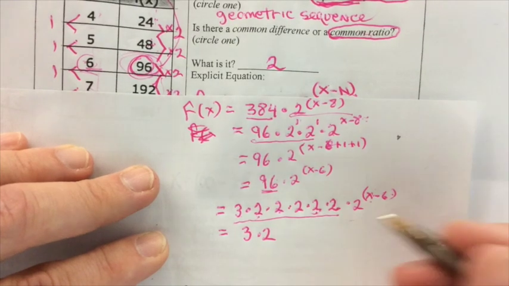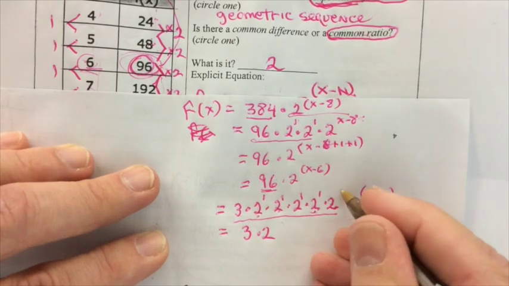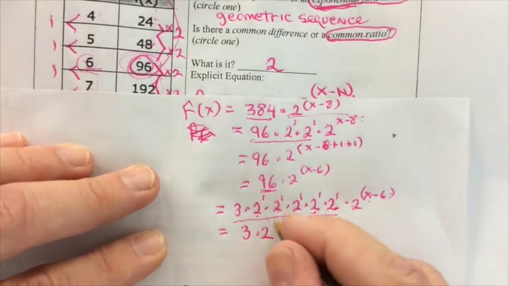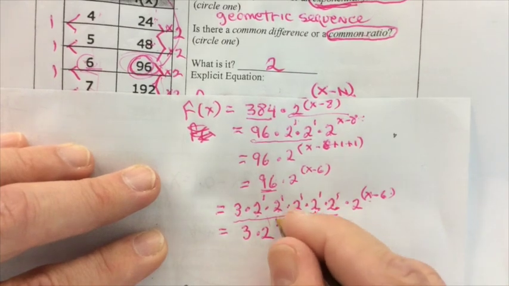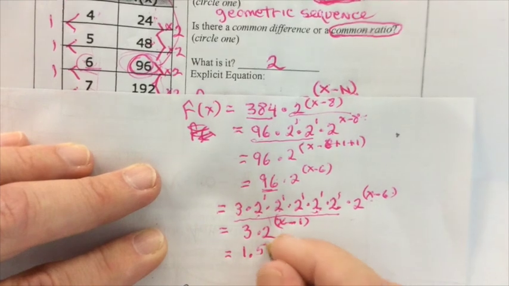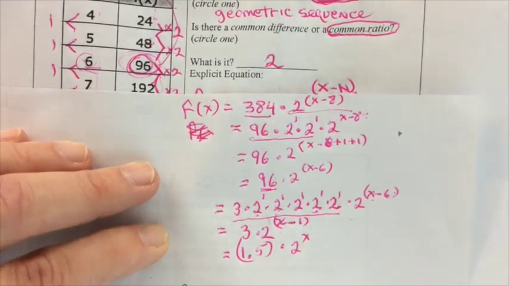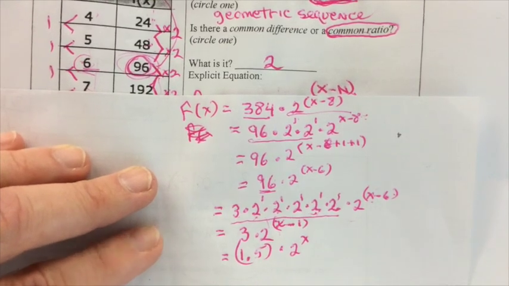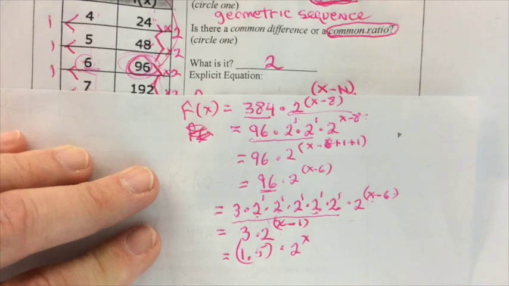Does that look right? Let's just do it. 1, 2, 3, 4, 5. So this is 2 to the x minus 1. Some of you actually thought this all the way through and wrote this. And that's right too. Okay. All of those are good answers.